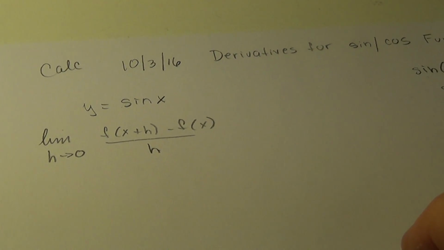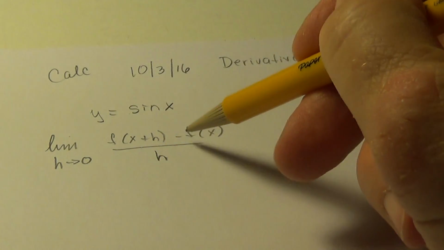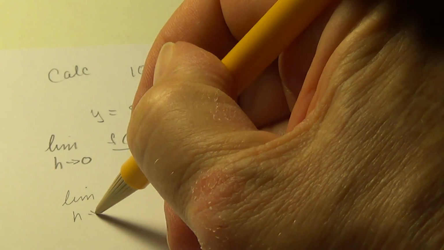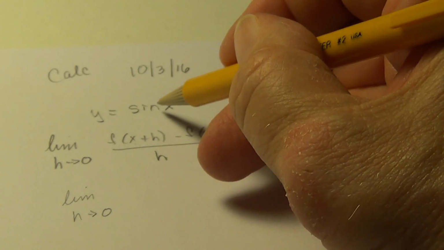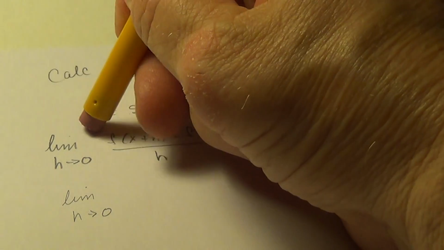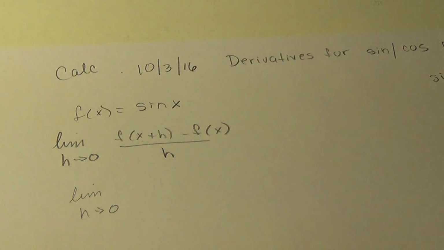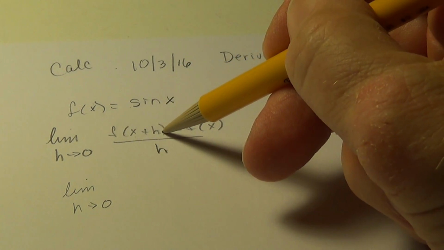Alright, so now let us define y equals sine of x by this limit. So I'm going to say the limit as h approaches 0. What is f of x plus h? I'll put this in functional notation. Instead of y, I'll use f of x. So instead of putting in an x into our function, we're putting in an x plus h.